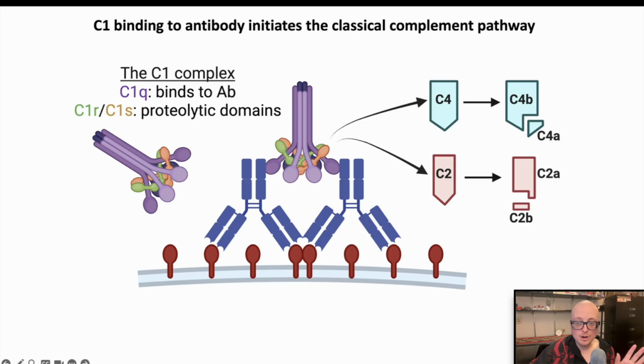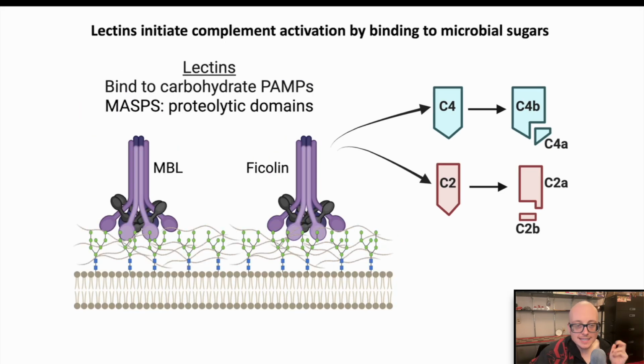Here, let's pause though. We've gotten this far in this complement reaction, and let's compare this initiation step in the classical pathway with what is a pretty similar set of reactions in the lectin pathway. So lectins, as I said, are molecules that bind to microbial sugars, and those are represented by these branching green molecules on the surface of this imaginary pathogen membrane.